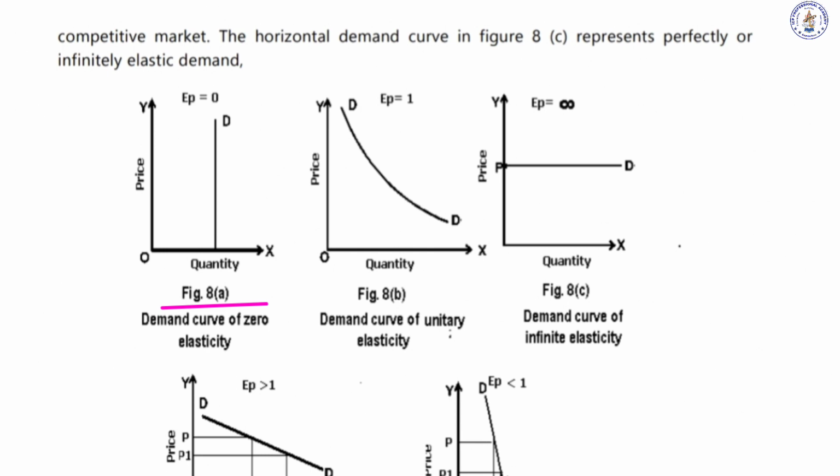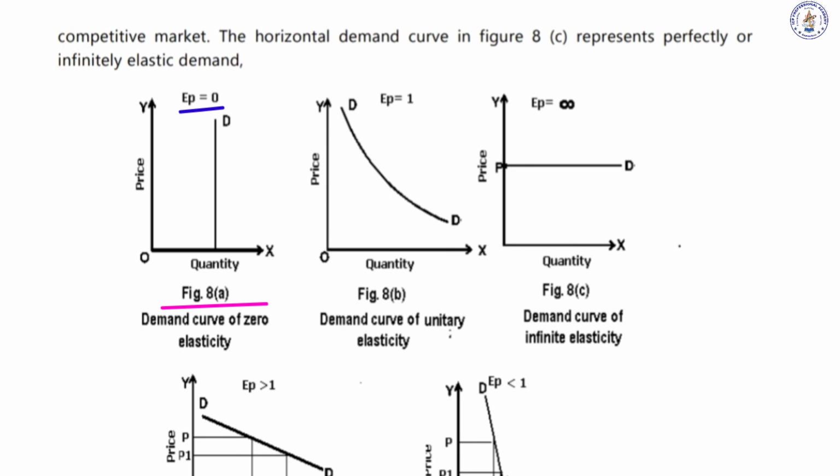So the demand is a vertical line marked over there. You can see there is no change in the quantity demanded for any price of the product. For an essential, it will be like that. So the EP, the elasticity of demand, is equal to 0. It's called perfectly inelastic or completely inelastic.